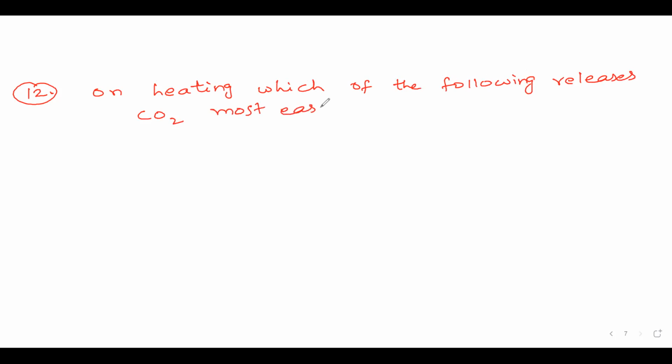They are asking which will form carbon dioxide most easily, though we'll get carbon dioxide from all the options. First is potassium carbonate, second is sodium carbonate, third is magnesium carbonate, and fourth is calcium carbonate.